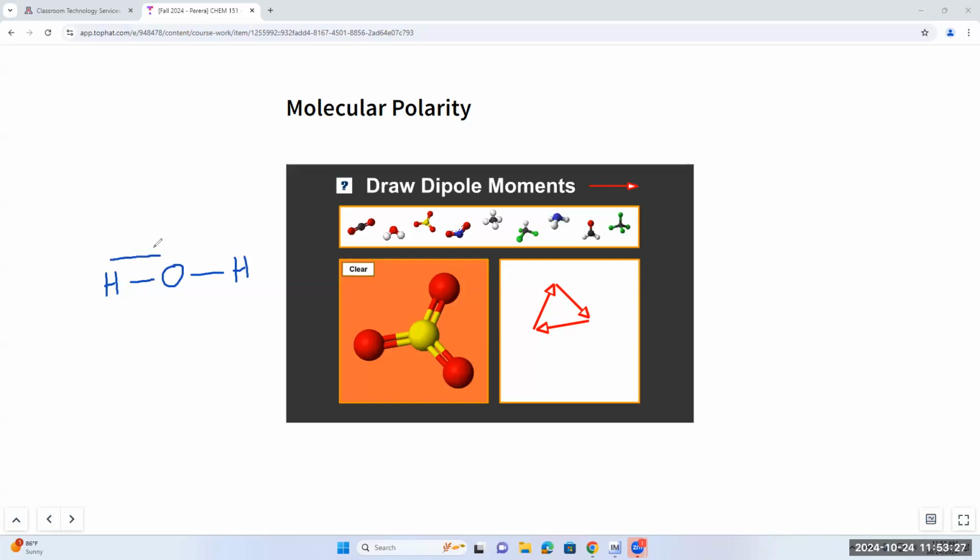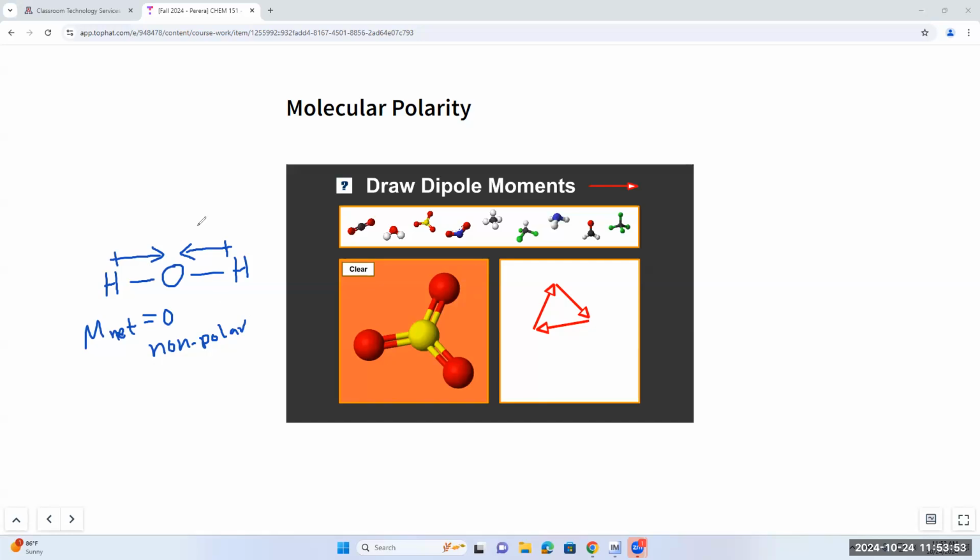Therefore, you're going to have two dipole moments going towards oxygen like this. Zero. The net will be 0, making water non-polar.